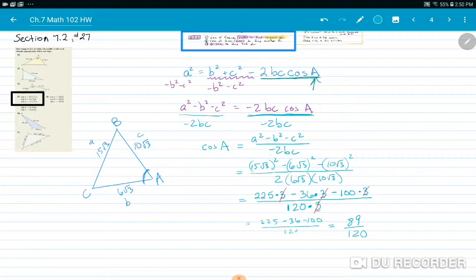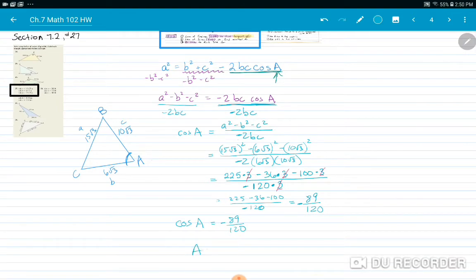So I have, oh, and a negative, sorry. That was a negative. I lost a negative there. Okay. So then I have cosine of A. That negative came from the denominator. So I end up with a negative in front. So cosine of A equals a negative 89 over 120.